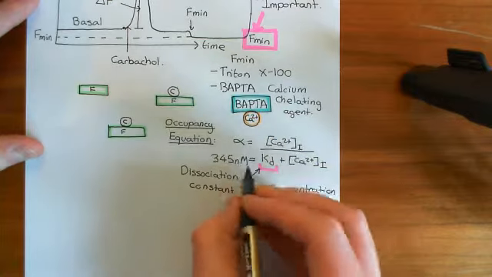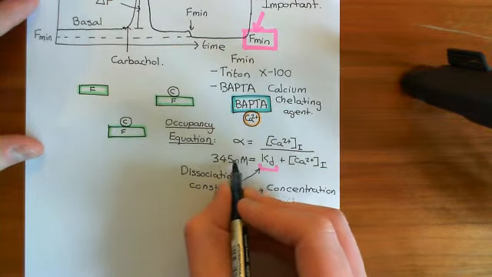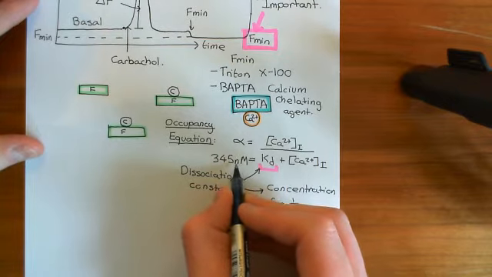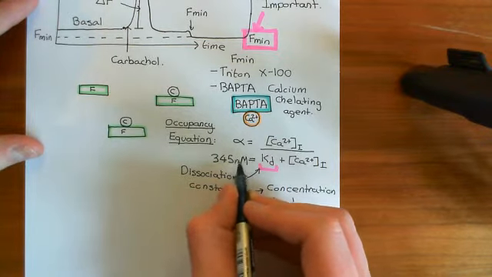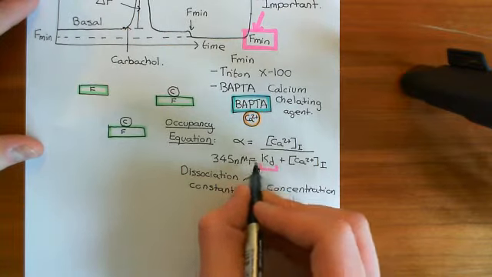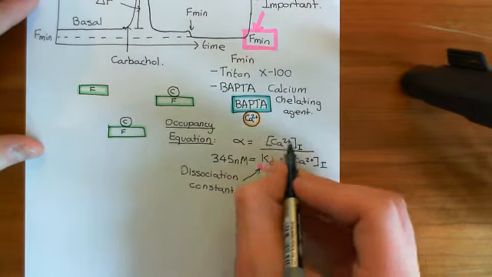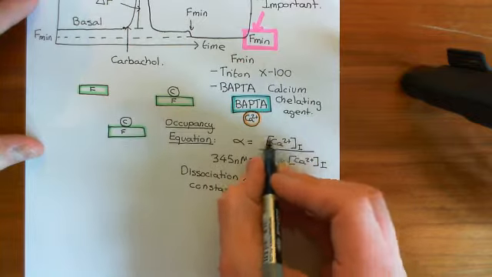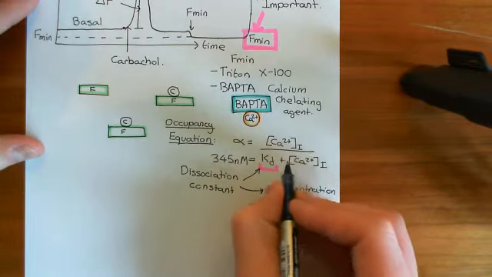Now, you can obviously change the units here. You could change it to molar, micromolar, millimolar, whatever you like. You need to make sure that the units you use for this dissociation constant are the same as the units you use for the calcium concentrations in here.